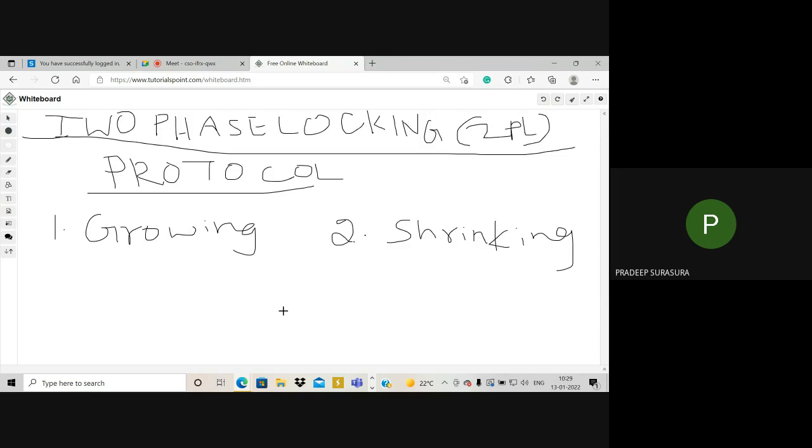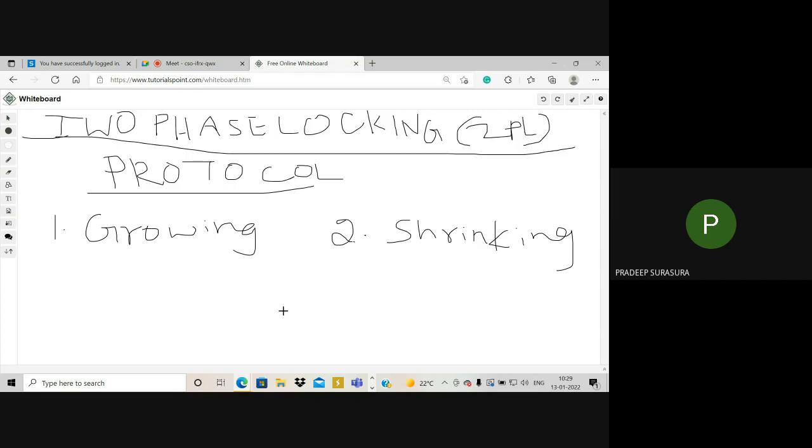Shrinking phase means releasing the lock. Very simple. Now I will tell you what happens in the growing phase and what happens in the shrinking phase. This is used for locking purposes, so we call it the two-phase locking protocol, in simple words 2PL.